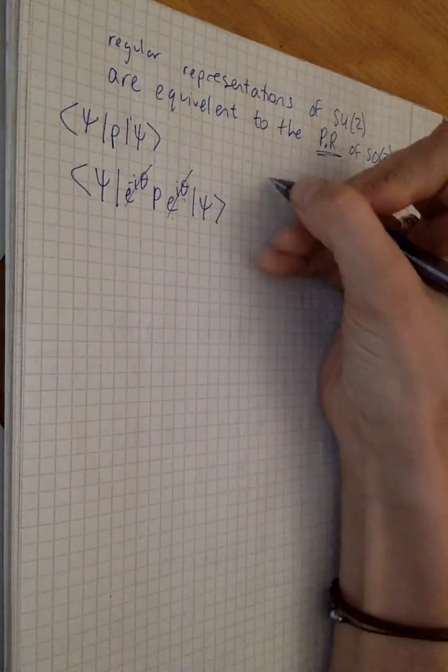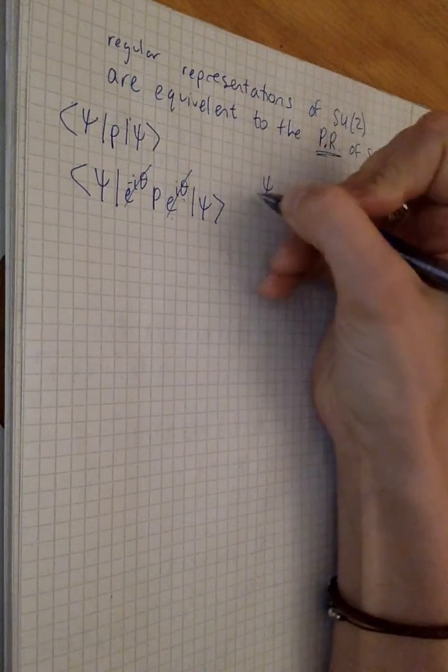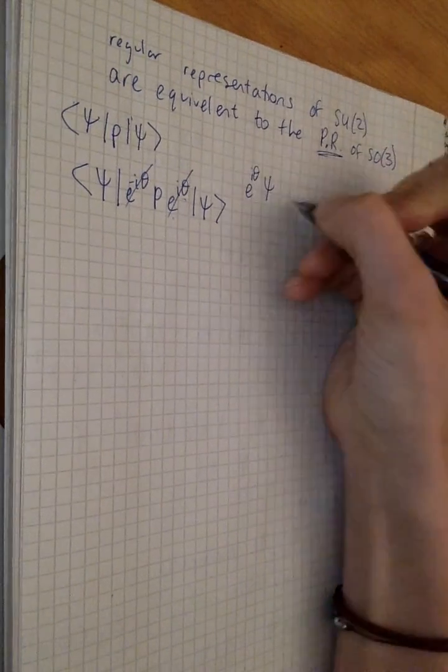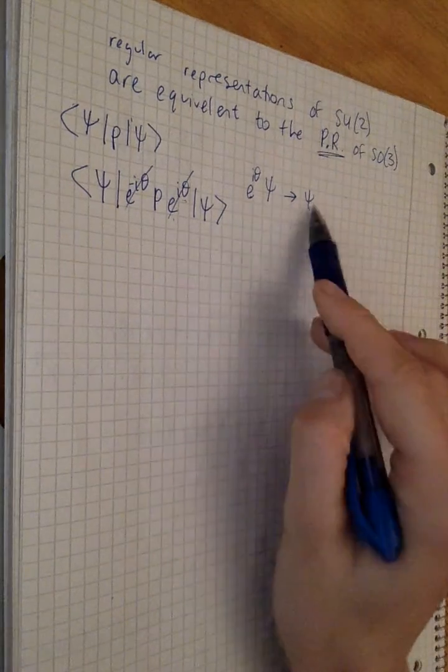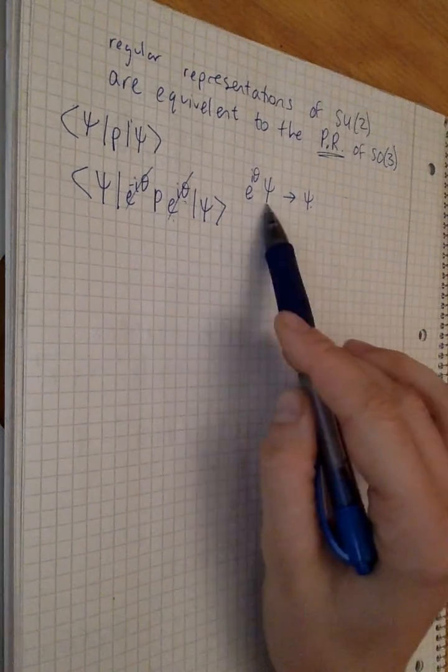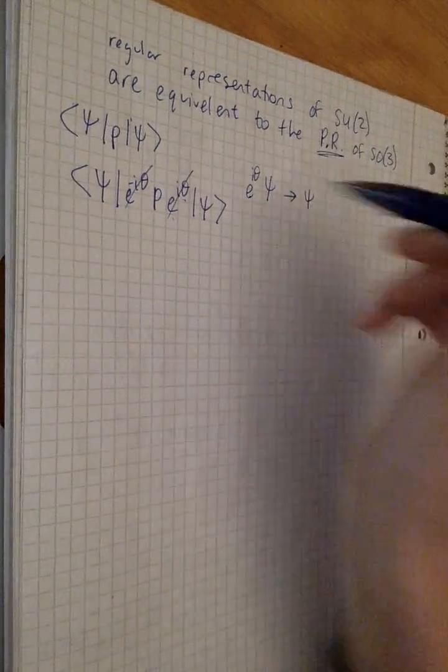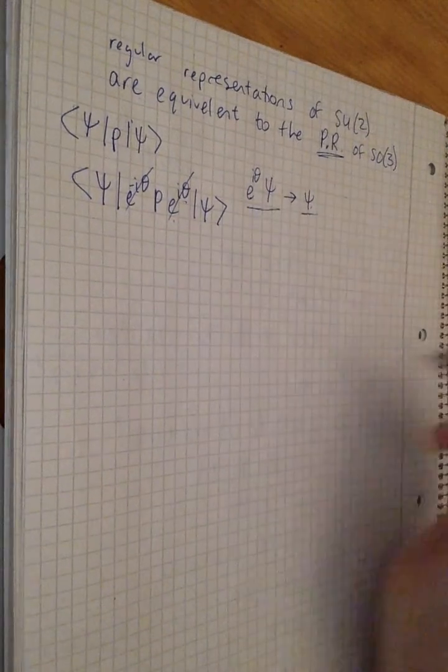So what that means is that all of these e to the i theta psi's get mapped to some psi. And this is a projective space. Because we have a projective space, we need projective representations in that space.